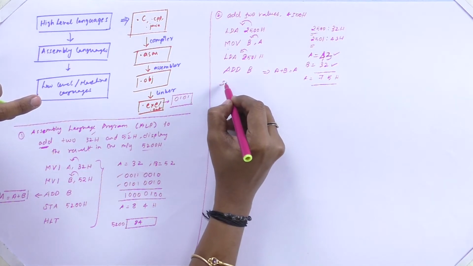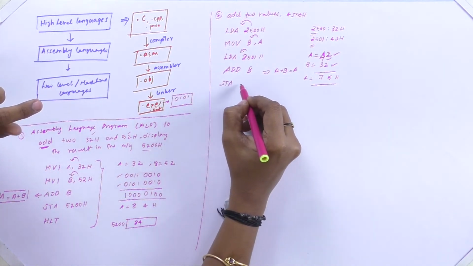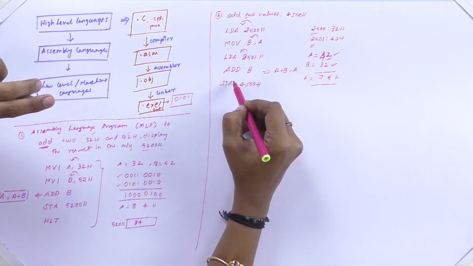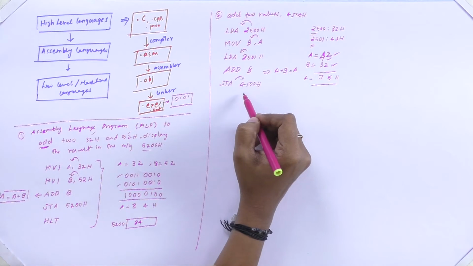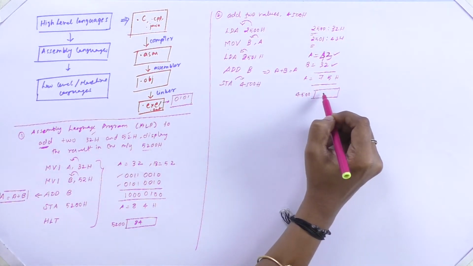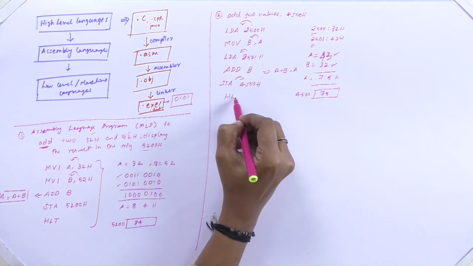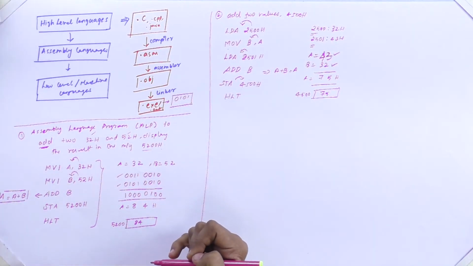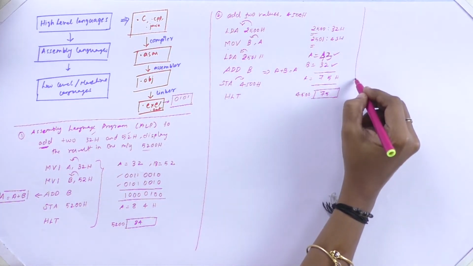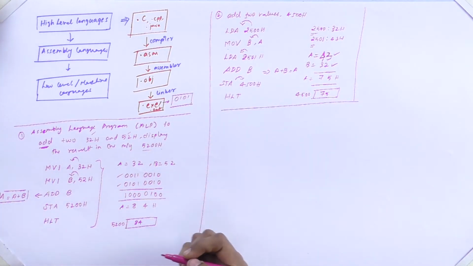For that purpose, the same instruction STA can be used. So STA 4500H. The value of accumulator will be displayed in the memory location 4500 as 75. Then finally you have to stop this program using the HLT instruction. So this is to add two values during runtime.